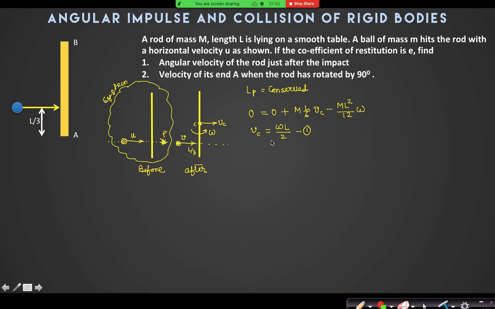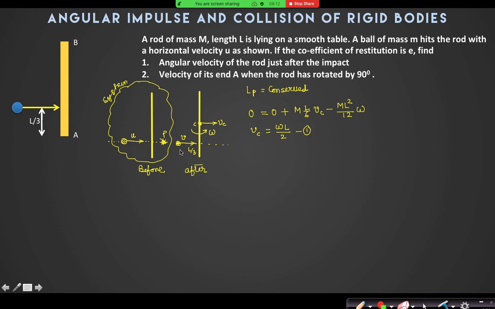Sir, why did we use the second formula to find the angular momentum? Because this point is not inside the body. We use the second formula whenever the point of concern is outside the body.